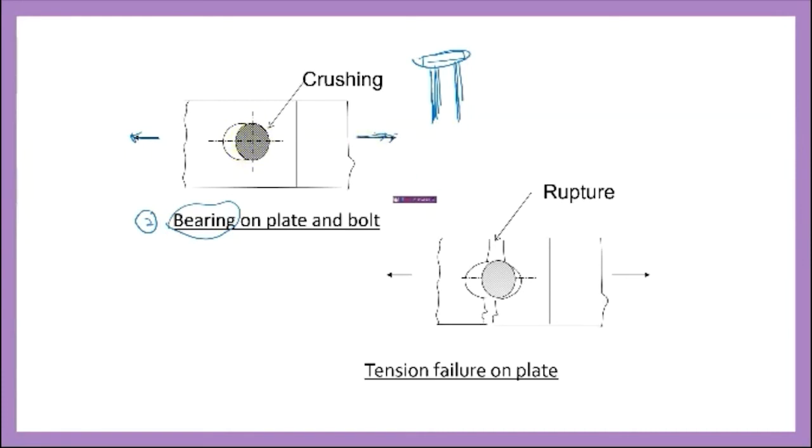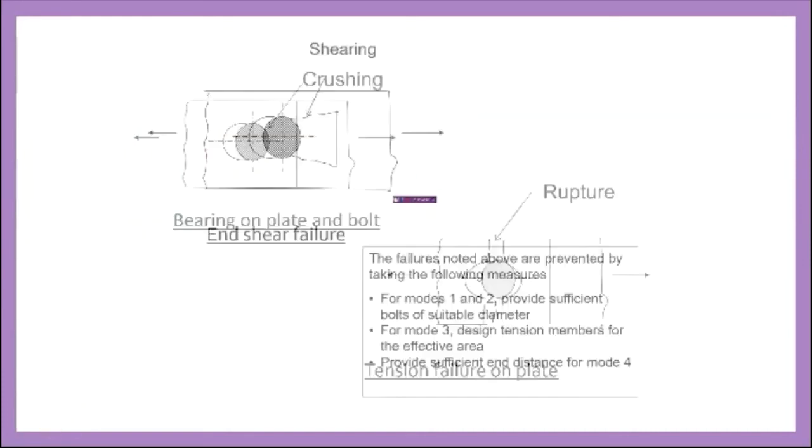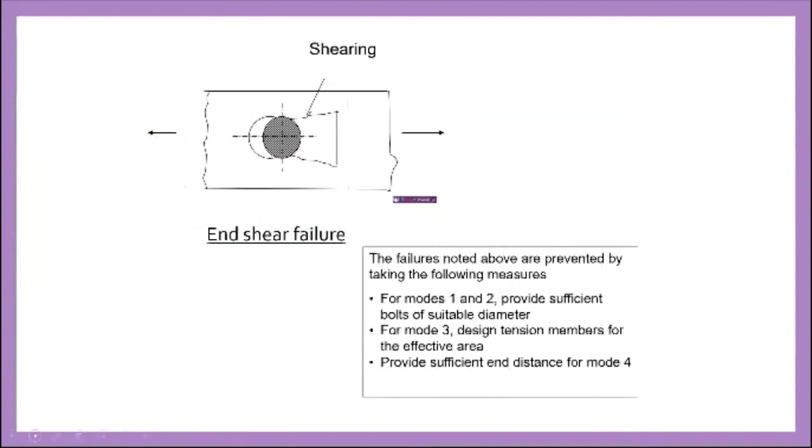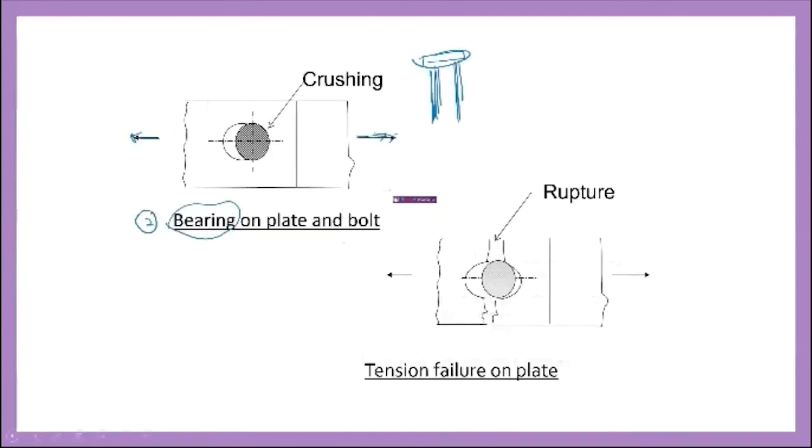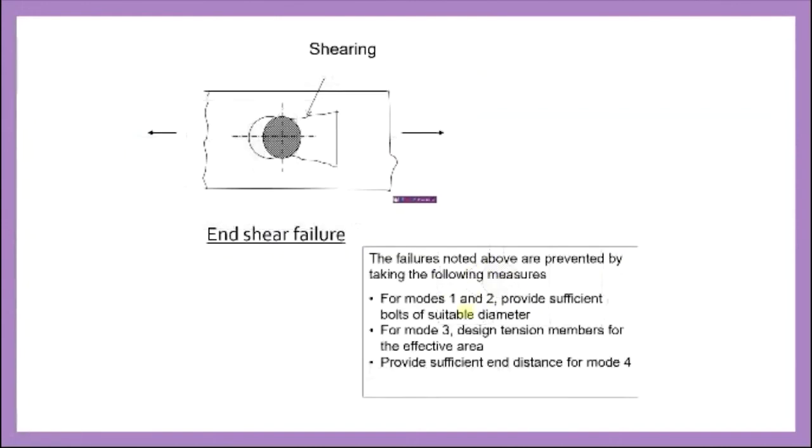And the third one we have here is design tension members for the effective areas. Tension failure on the plate. What happened here? It is not the bolt that breaks, but the plate breaks into two. Probably the plate doesn't have enough strength to resist the force pulling it out. Because for mode 3, it says design tension members for the effective areas.